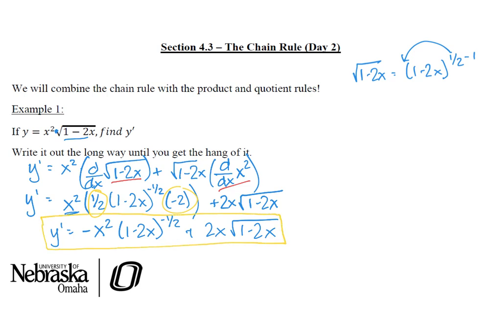If you wanted to take it a step further, you could put this negative exponent in the denominator. We could do that just for algebra review. But we'd have negative x squared divided by square root of 1 minus 2x. So the negative exponent means we bring it to the denominator, and it's the 1/2 exponent, which is the same as the square root.